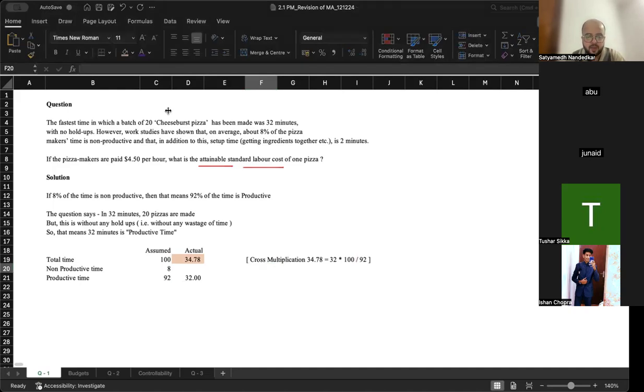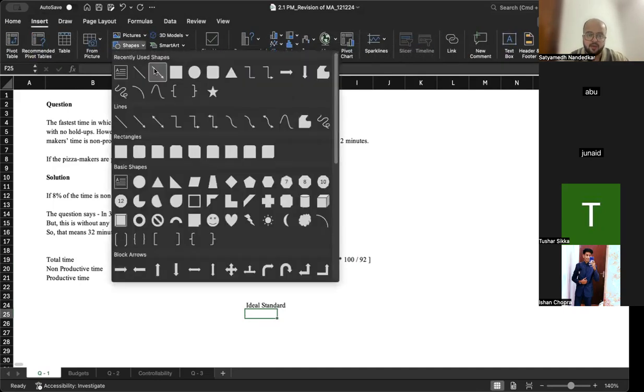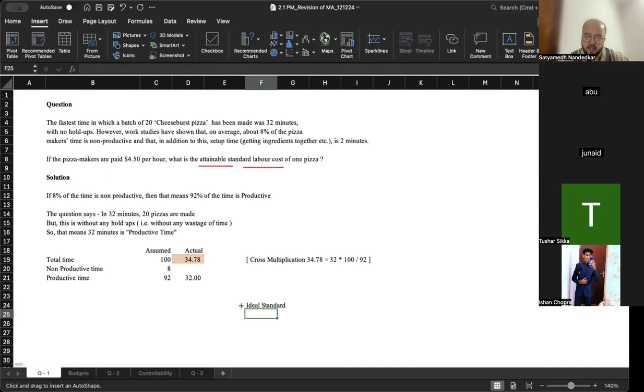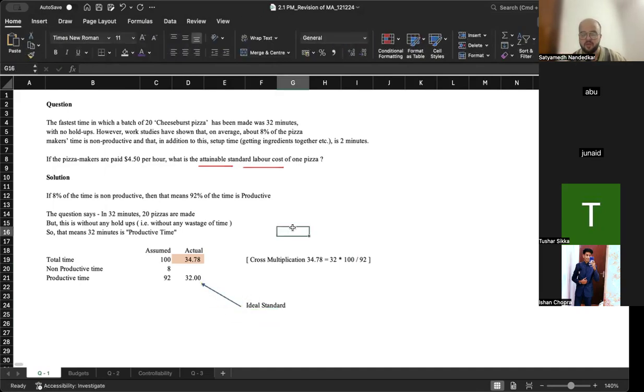Now, 32 is the ideal standard. That is assuming that everyone is working at 100% efficiency. There is no wastage of time. 32 is that duration. 34.78 is attainable standard because when human beings work, they are going to need that time off. There will be that non-productive time anyway.